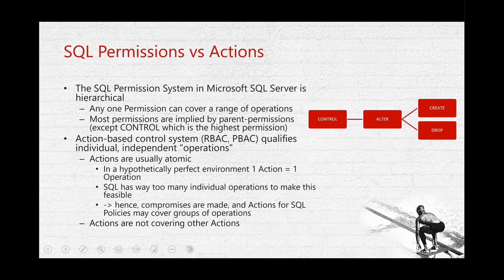So, for example, you could consider every single system procedure would be one action, but in the end, you would come up with policies that are hundreds of lines long. Of course, not very useful. So in order to make SQL Server work for the action-based system, we made some compromises and grouped some of these operations together and gave them some logical name, as you will see in the next slide.